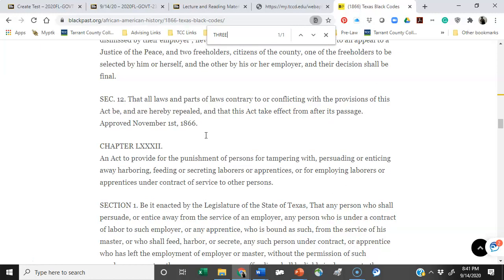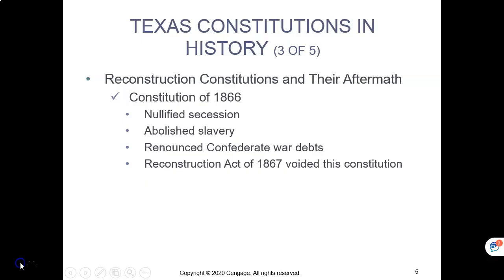There were a series of what we can stand back today and see very clearly were very discriminatory laws. This preceded Jim Crow laws. These were the laws prior to Reconstruction, and again we call them black codes. So black codes were written under the Constitution of 1866.